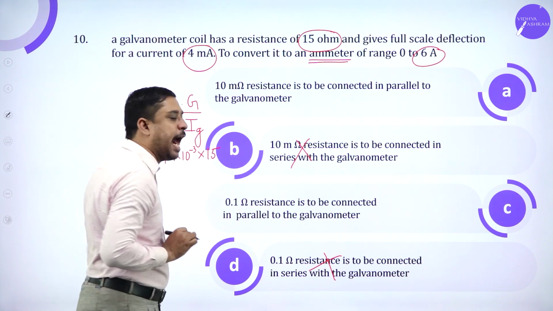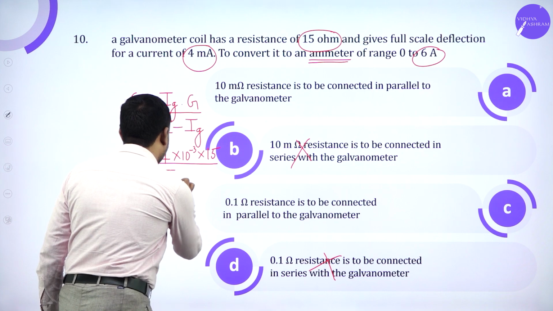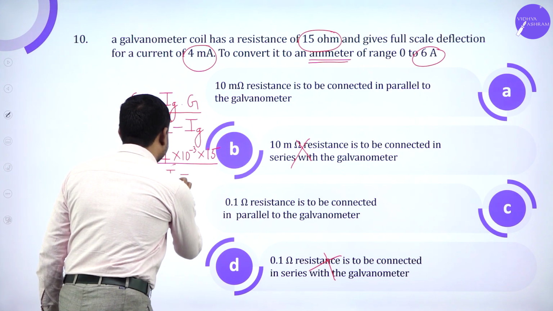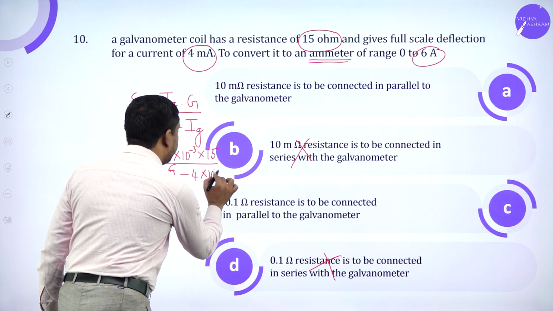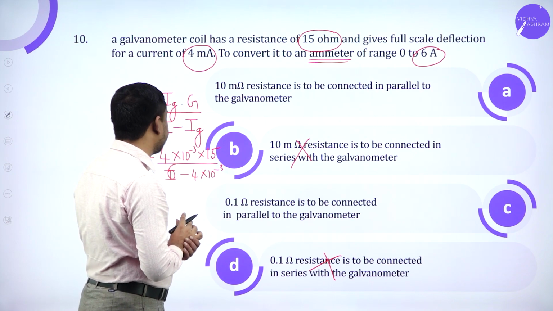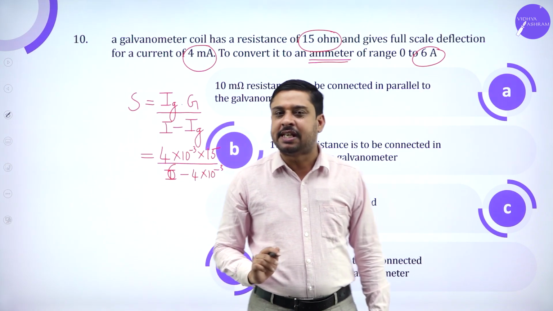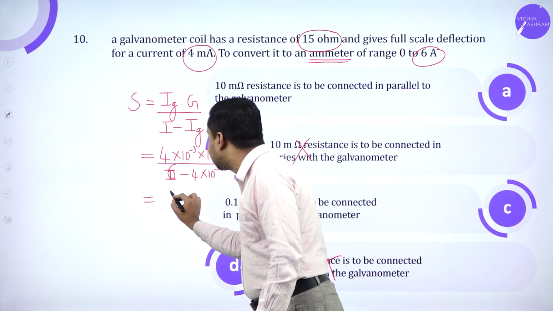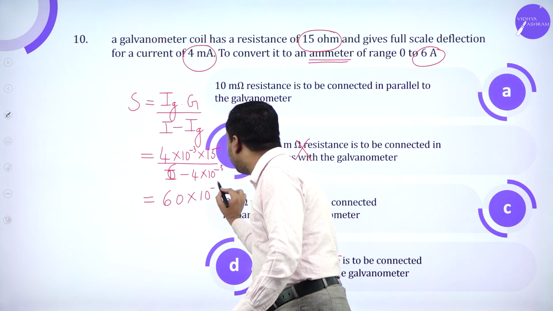Resistance of the galvanometer is 15. I minus Ig: I is 6, less 4 into 10 power minus 3. So the numerator is 60 into 10 power minus 3.